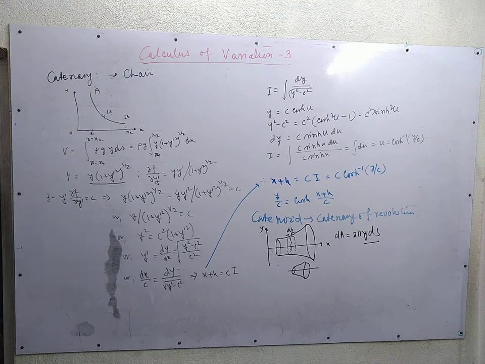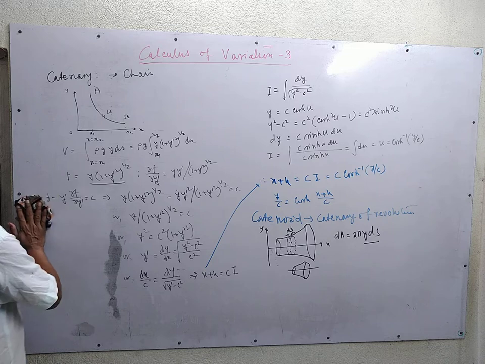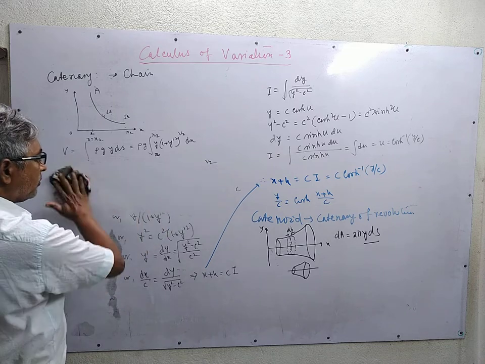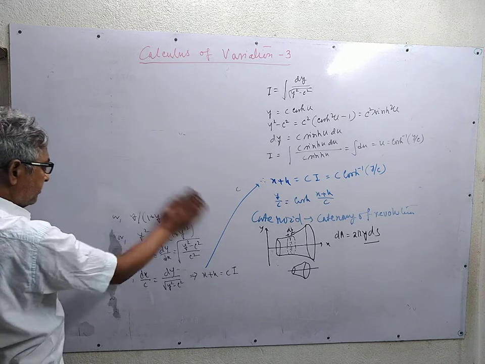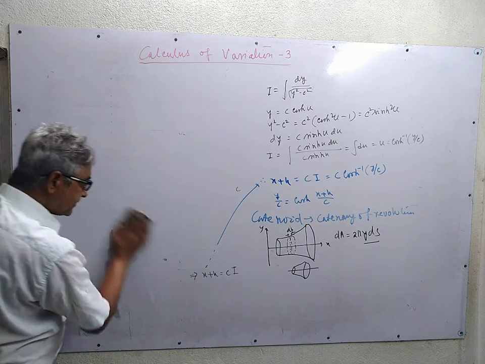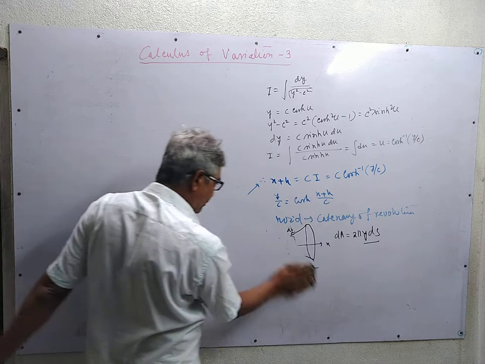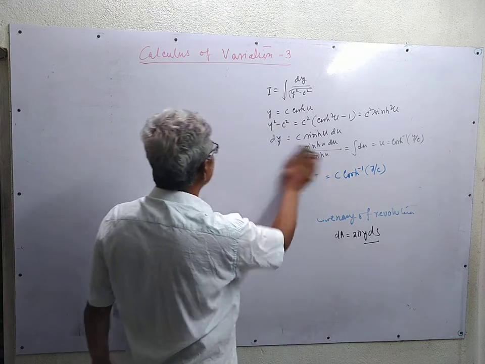Now we switch over to another very interesting problem, the Brachistochrone problem. Brachistos means minimum and chrone means time. So this problem is related to the minimum time.